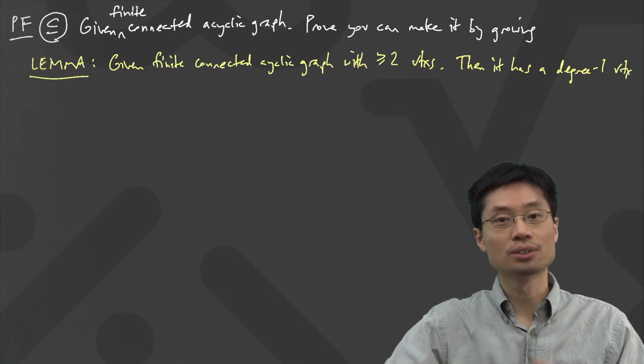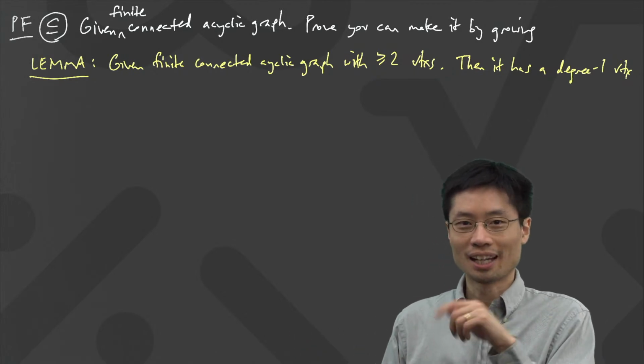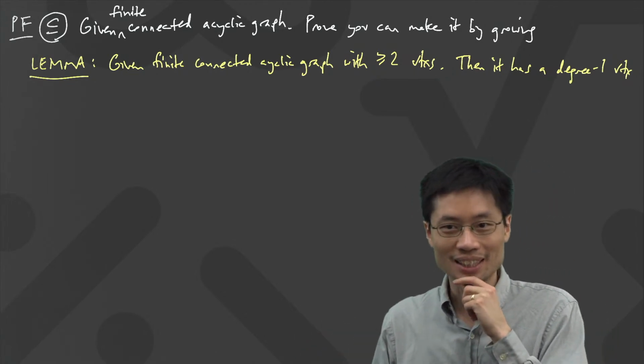That means a vertex whose degree is exactly 1. Now, why did I put this thing of at least two vertices? Can anyone tell me why that's there?